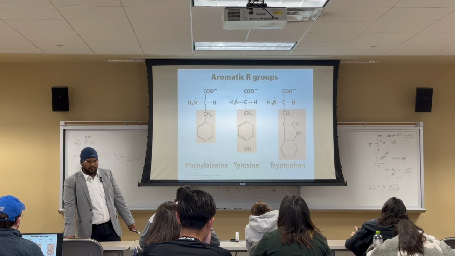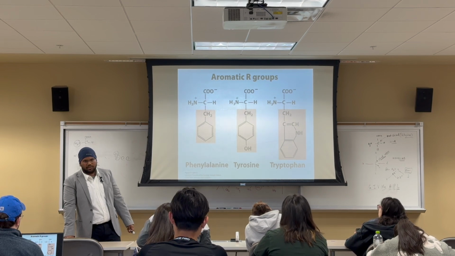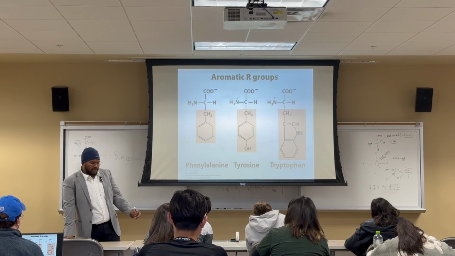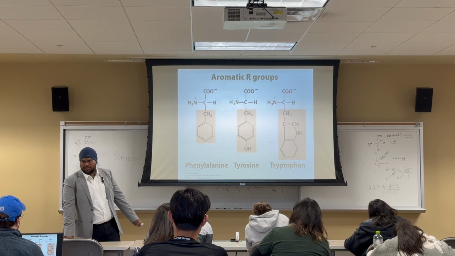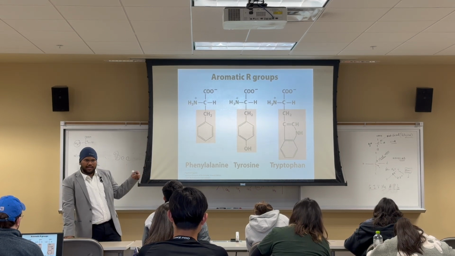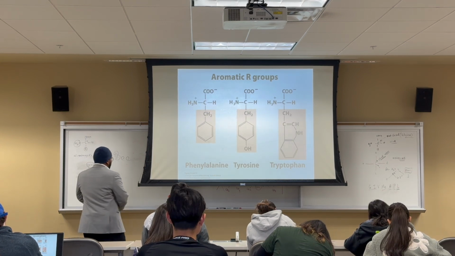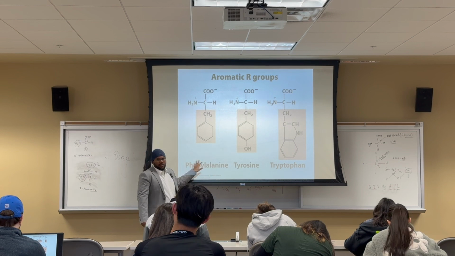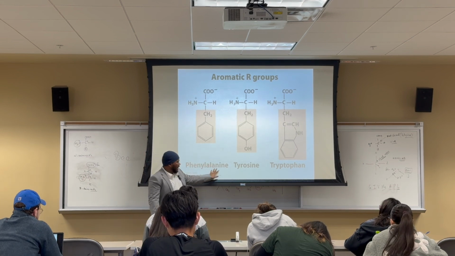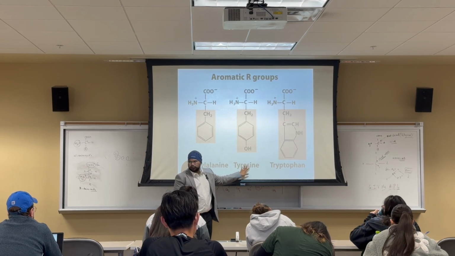Yes or no? Because there is an additional hydroxyl group over there, right? So write down in place of tyrosine, tyrosine is hydroxylated phenylalanine. Okay? So alanine, you know, additional phenyl group, phenylalanine, hydroxylated phenylalanine is tyrosine.